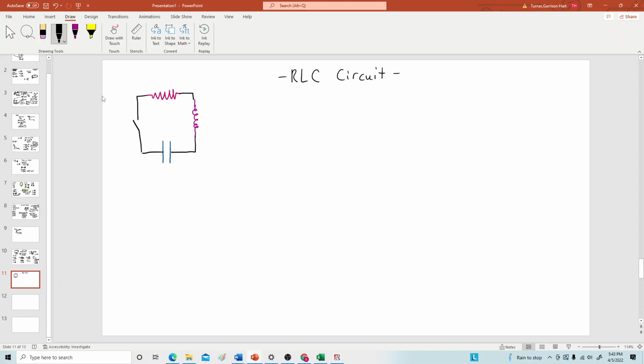So I have a switch, and once again, let's assume that my plates are initially charged to a value Q naught.